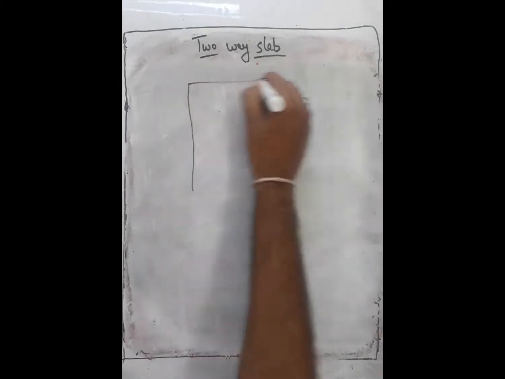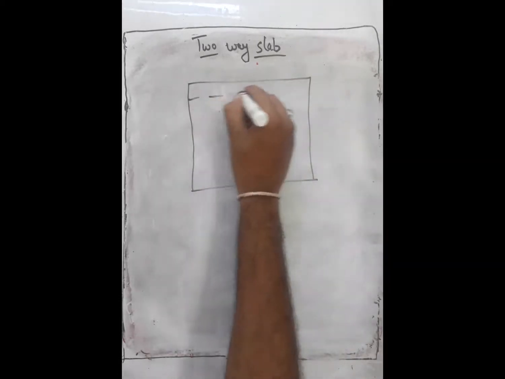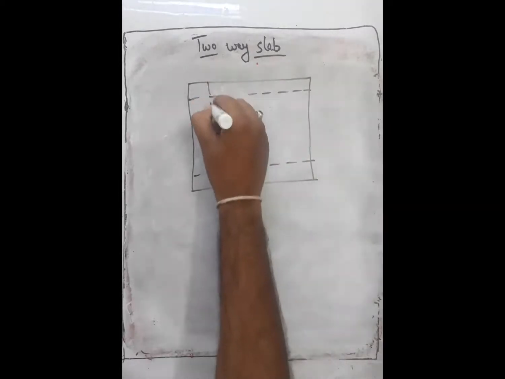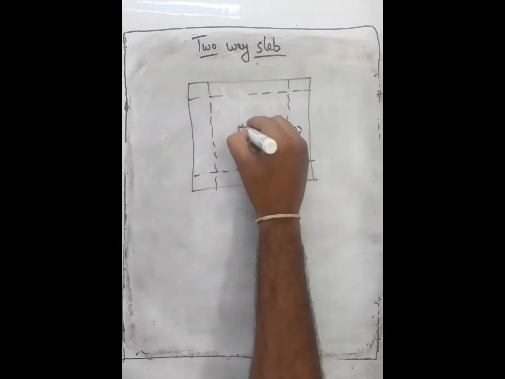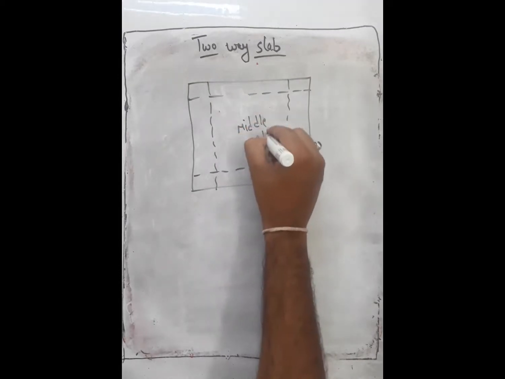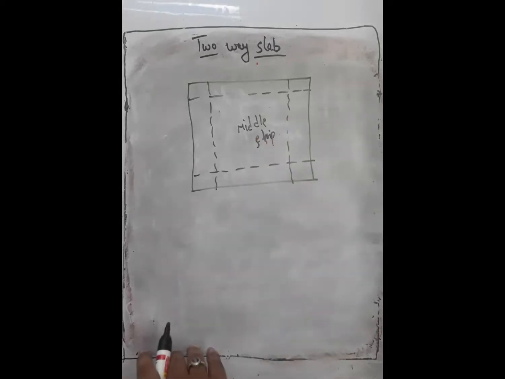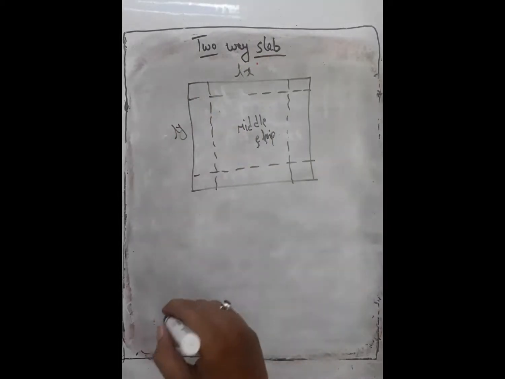This is our diagram. This one is edge strip, this one is edge strip, this is also edge strip, and this is also edge strip, and this one is the middle strip. These are all edge strips. This is Lx and this is Ly.